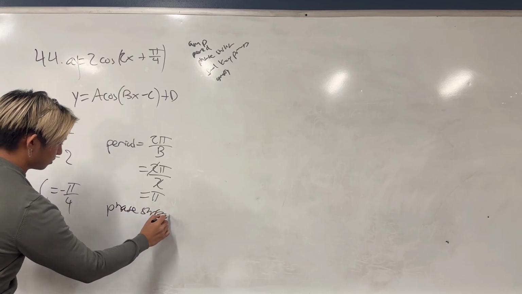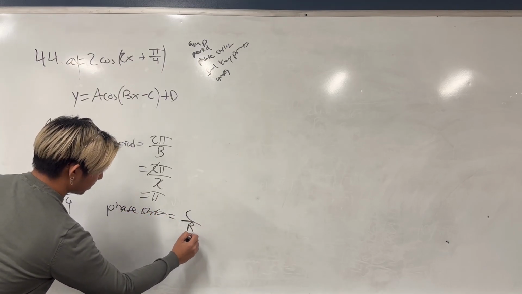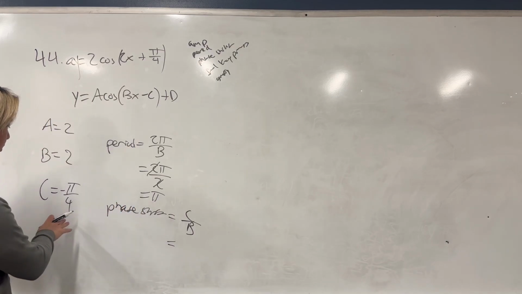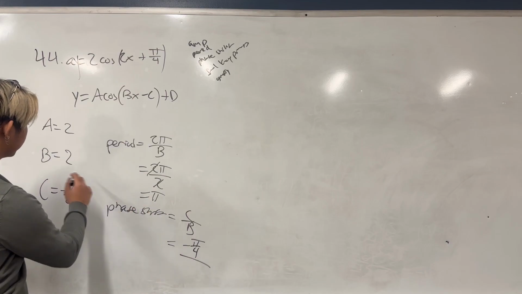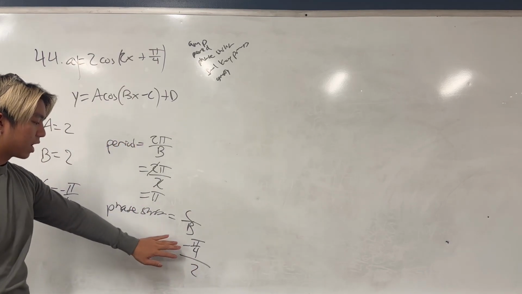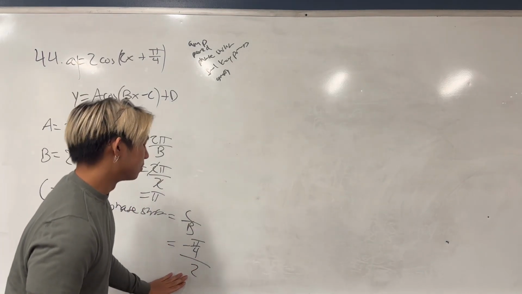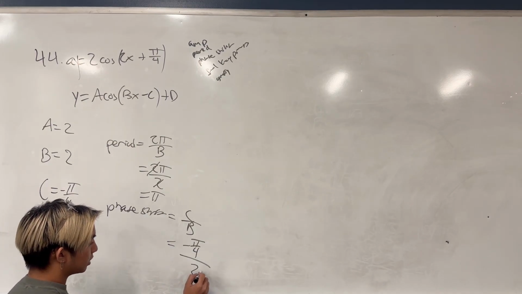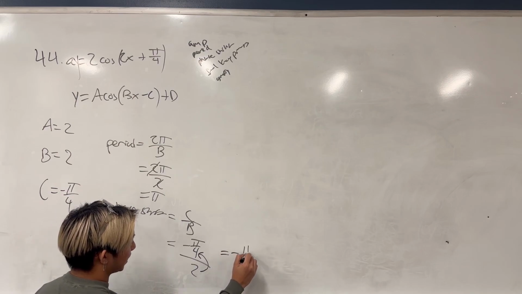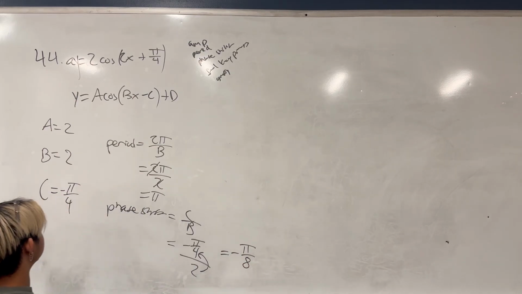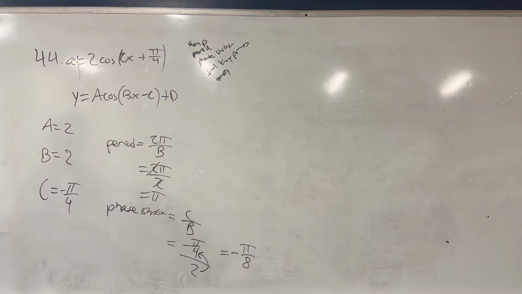Phase shift is equal to C over B. We found our C is negative pi over 4, and our B is 2. So we have a fraction divided by a whole number. In this case, we take the whole number and multiply it into the denominator. This becomes negative pi over 8. That easy, right? Phase shift, negative pi over 8.